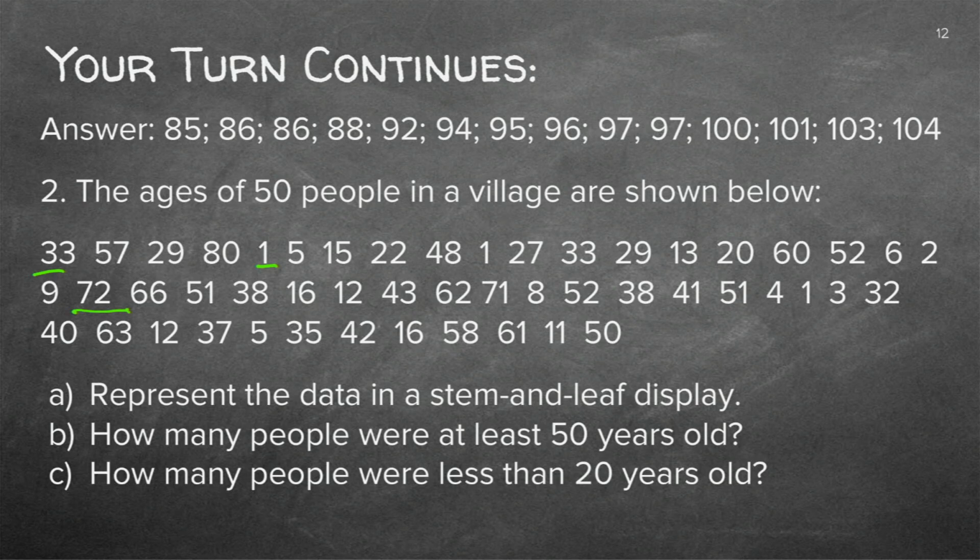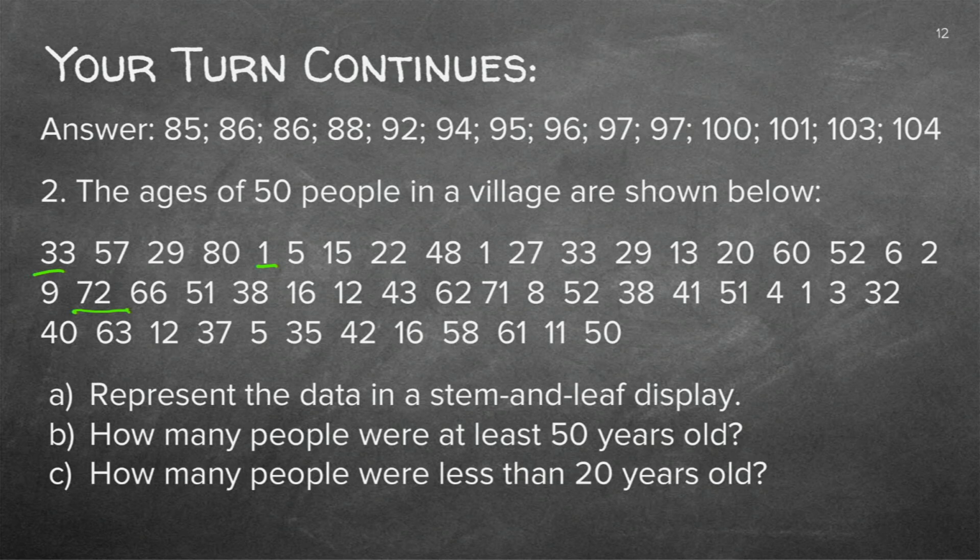Now we're asking you to represent this data in a stem and leaf display first. Secondly, from the stem and leaf display, to work out how many people were at least 50 years old and how many people were less than 20 years old. So please pause and do this, and then I'll see you after you've completed this.